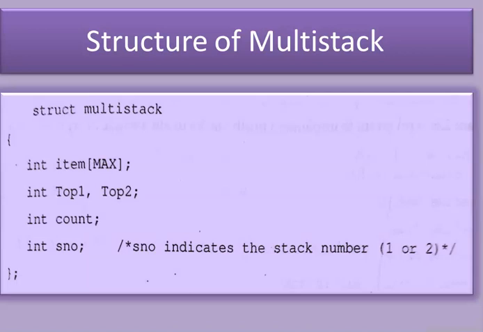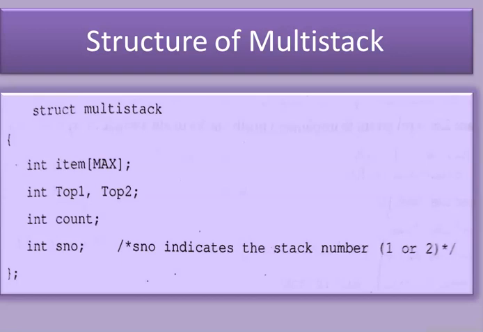You can have many stacks in it, and if it is 2, we have to use 2 top indexes for handling the push and pop operations. Count is the number of elements at any instance in the array. Some of the elements may belong to stack 1 while the others may belong to stack 2.